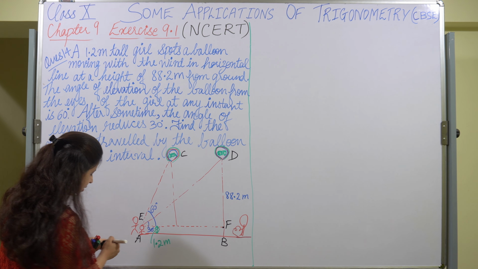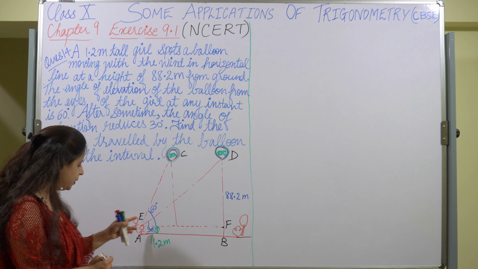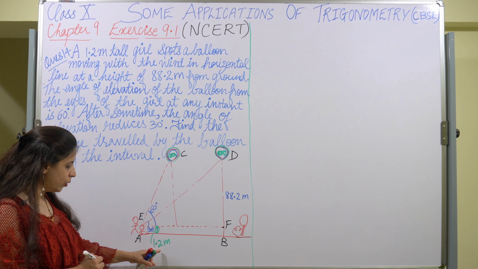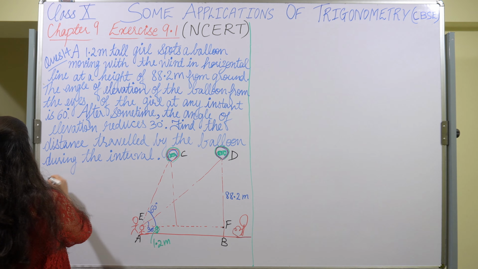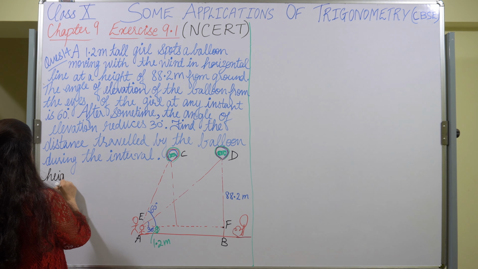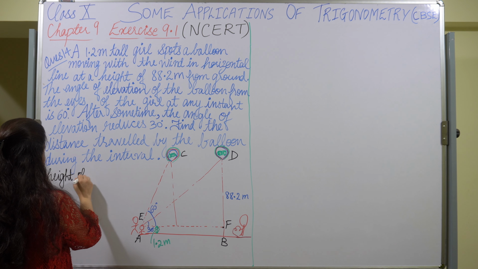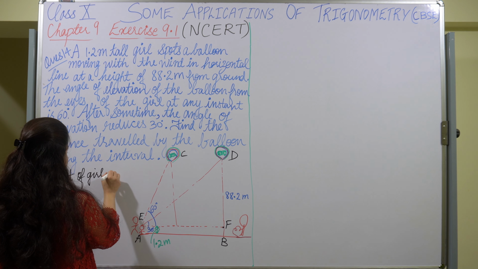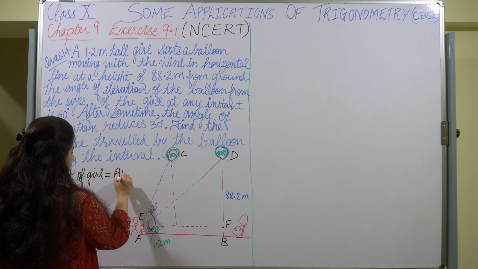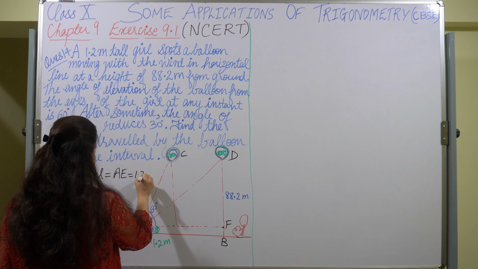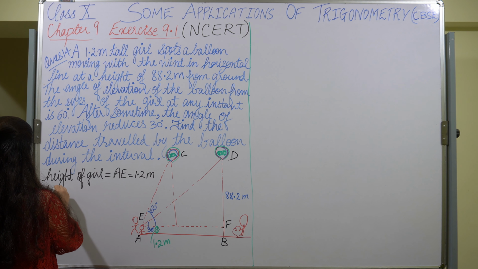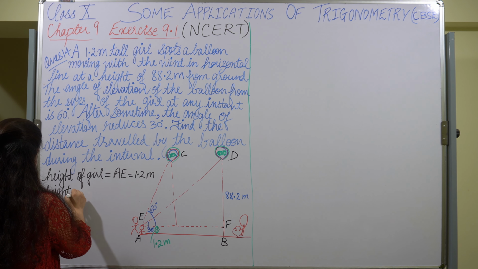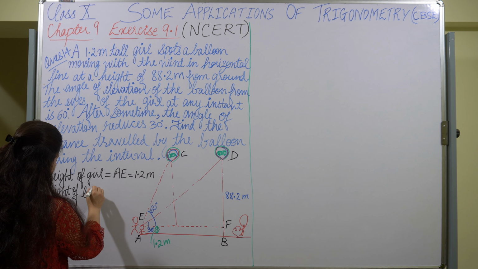So I am taking the height of the girl, AE, to be equal to 1.2 meters. Height of girl is AE, which is given to me as 1.2 meters. Also the height of the balloon from the ground is given to me.